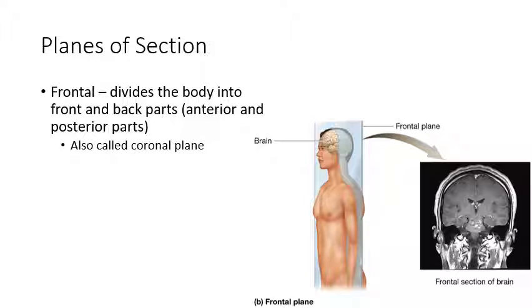Then you have the frontal plane, which would be dividing the body into a front part and a back part, or an anterior half and a posterior half. That's also called a coronal section.